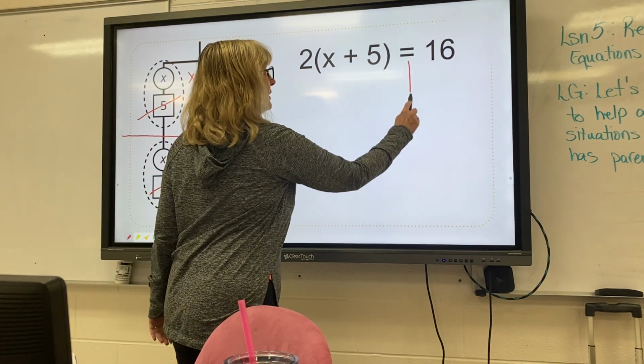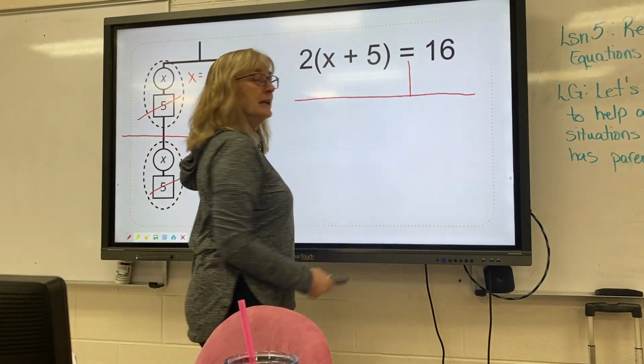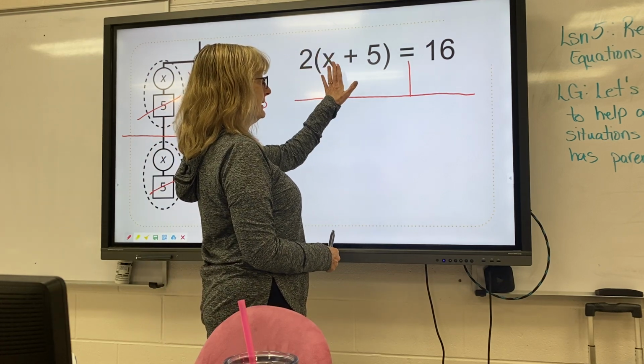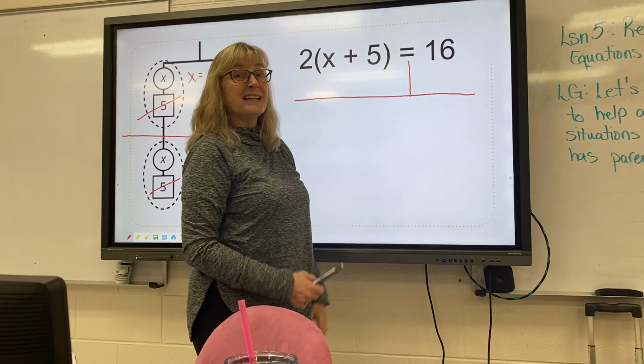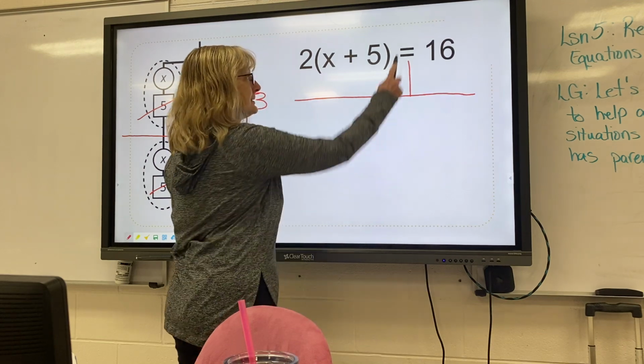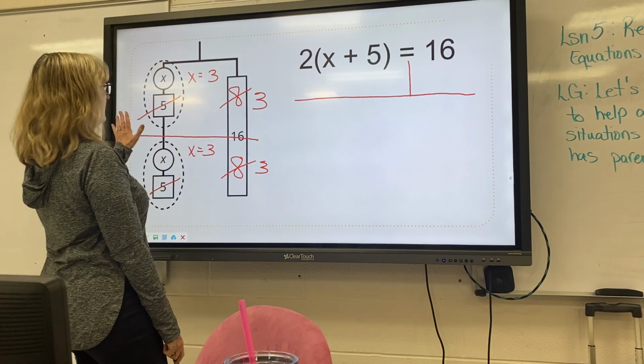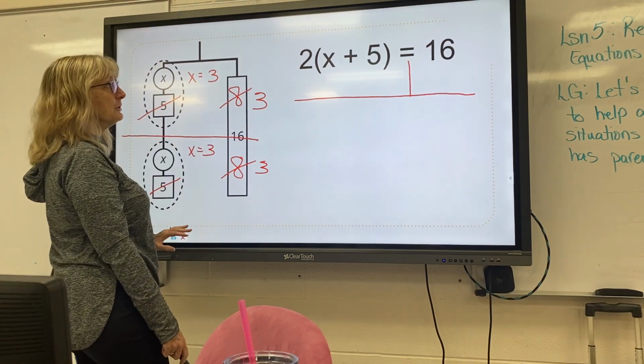So what I always start with is an upside down T. The reason for that is it helps me see that I have to do something on this side, and I'm going to do the same thing on the other side, and it's always at the equal sign. So what did I do over here first? Well, I split it into two groups.